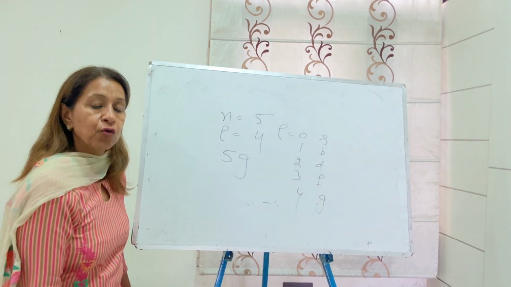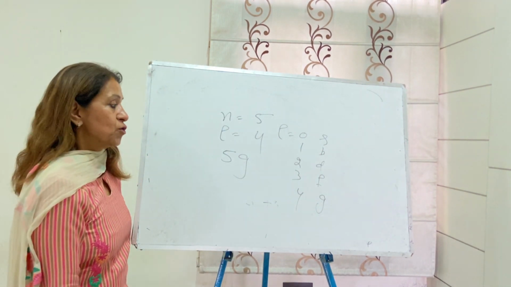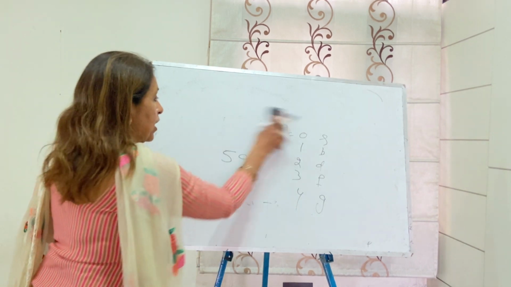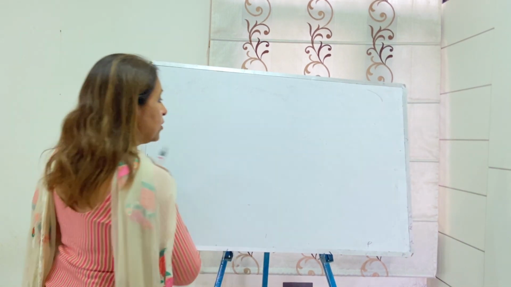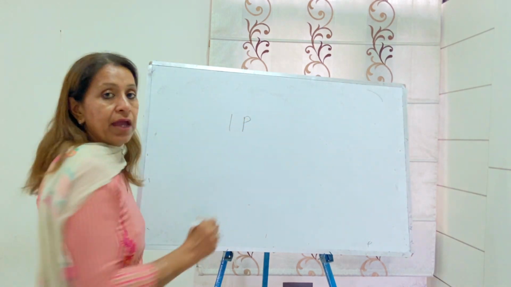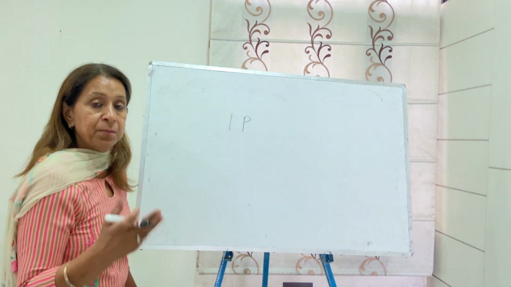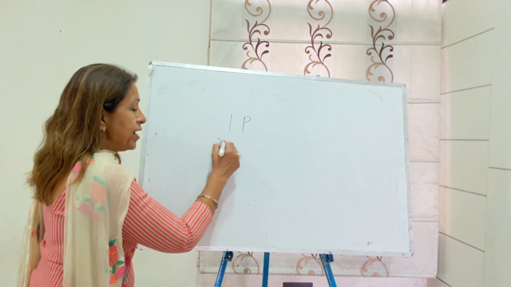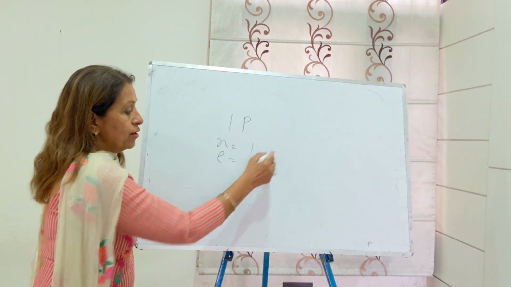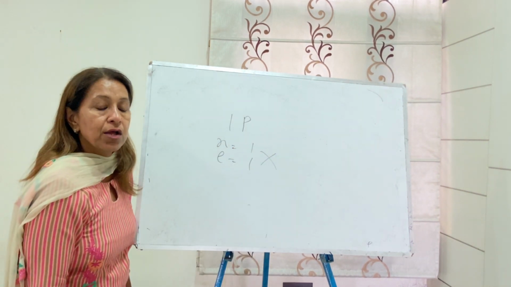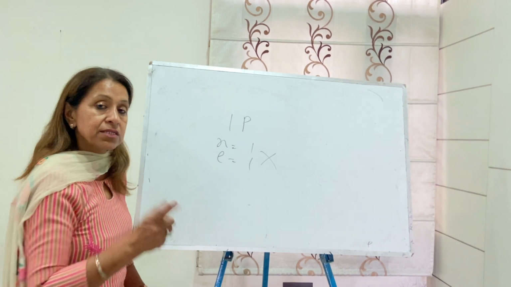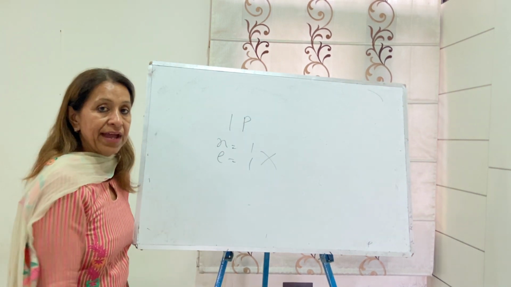So 5g it is. If anybody asks whether 1p exists, is the 1p address right? n is 1, l is 1. No, this address is wrong, because no other quantum number has the same value as that of n.